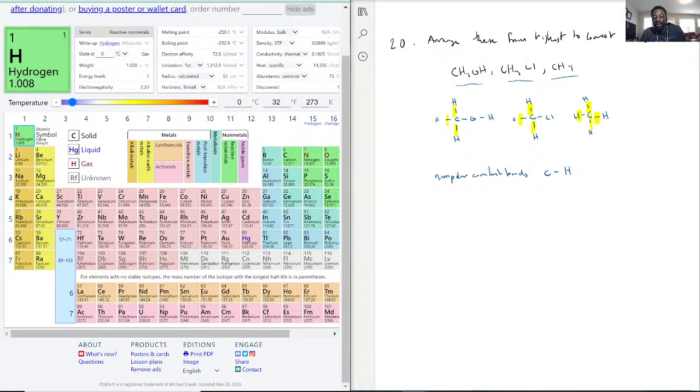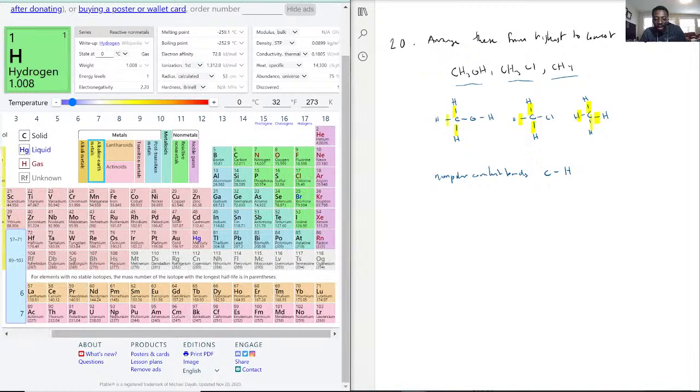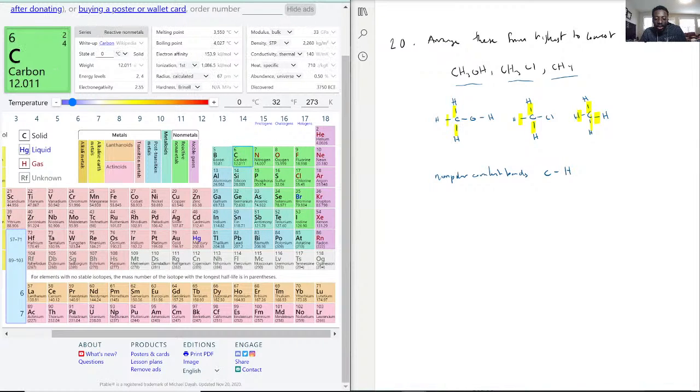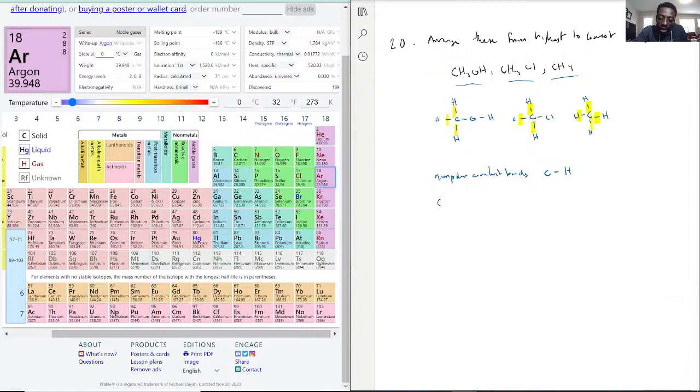Now let's look at the other bonds. We have carbon to chlorine: 3.16 minus 2.55 is 0.61, so we have a polar covalent bond.